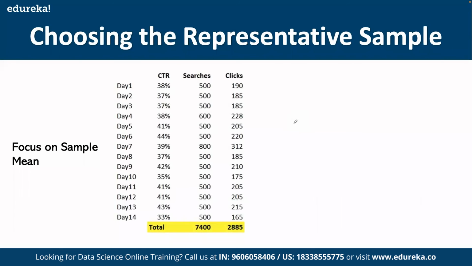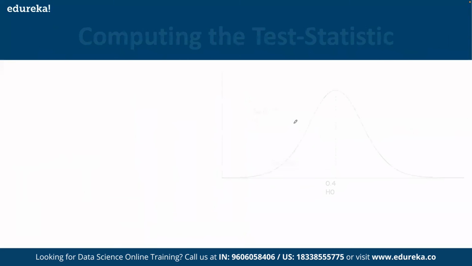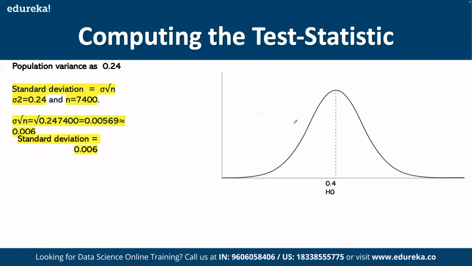Once you find it, this is what we would get as an average CTR. So the average search CTR is given by 0.39 and the sample mean is 0.39 and we have got the sample size as 7400.